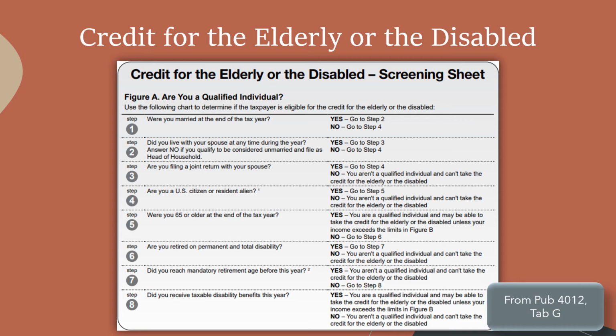And then they need to have reached the mandatory retirement age before this year, and that is something that is determined by their employer. And then did they receive any taxable disability benefits if they were disabled, taking this credit because they're disabled and not because they're elderly?